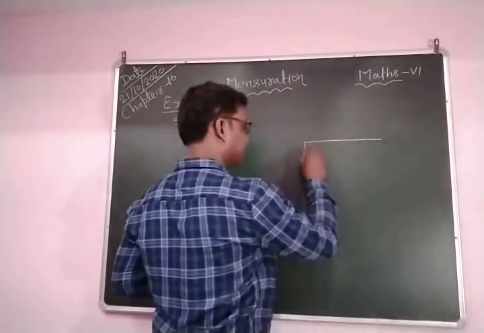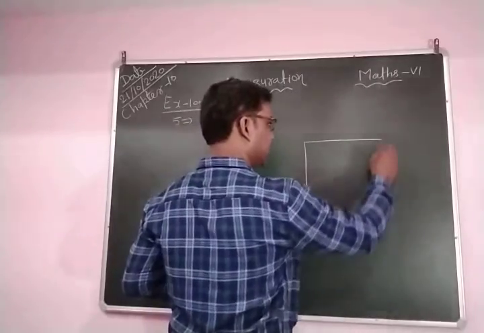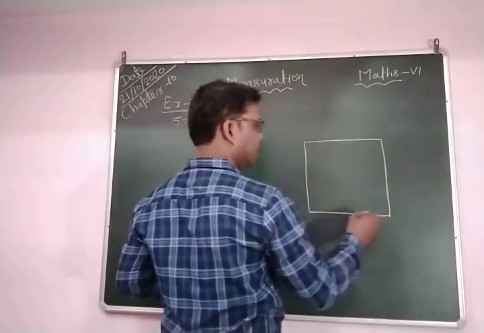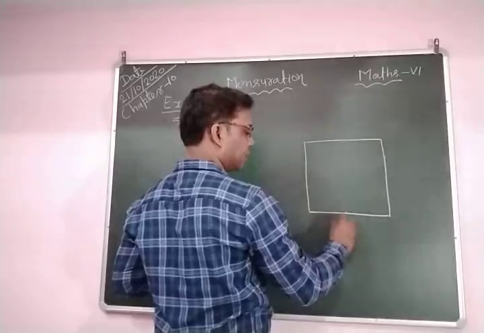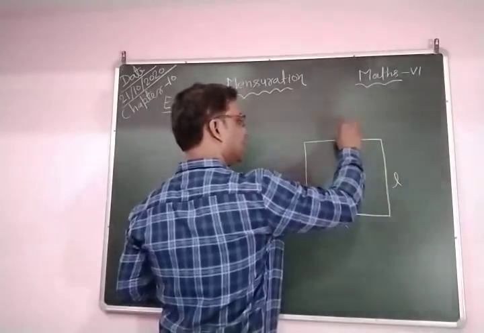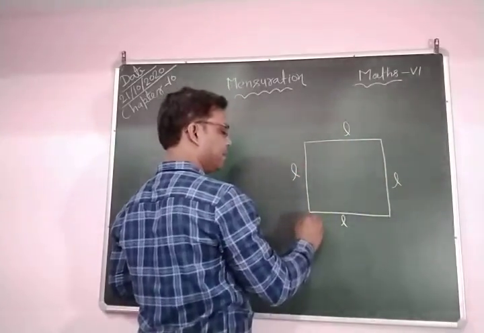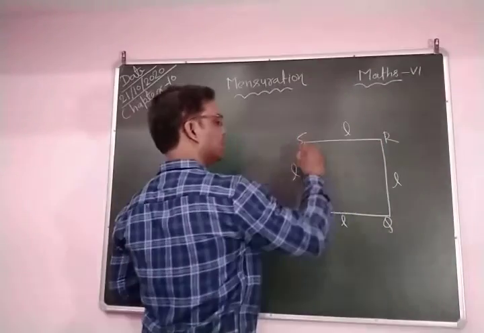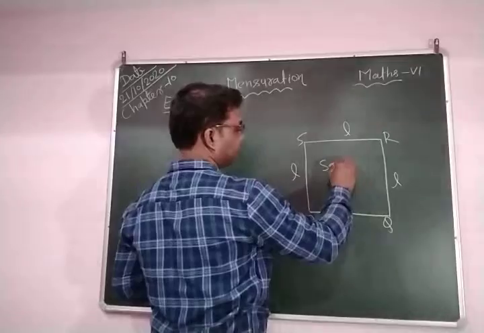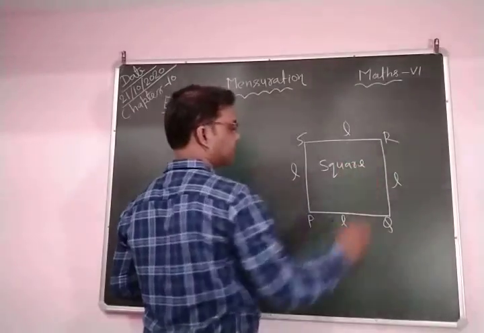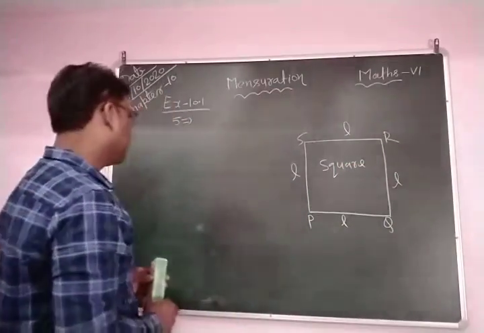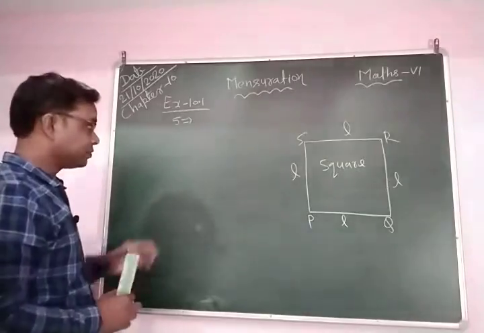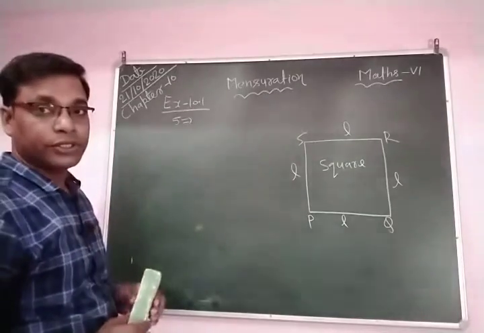Suppose this is a square PQRS, and its side is L. We need to find the perimeter of this square.